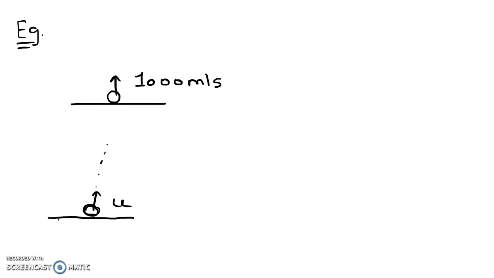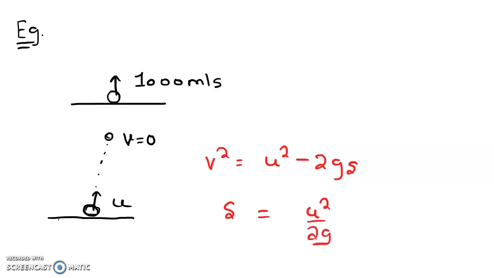Maximum height would be there when it is going to stop, v equal to 0. So I can apply v square equals u square minus 2gs. So s would be u square by 2g, or s I can replace with h max. Maximum height is u square by 2g. That's it.